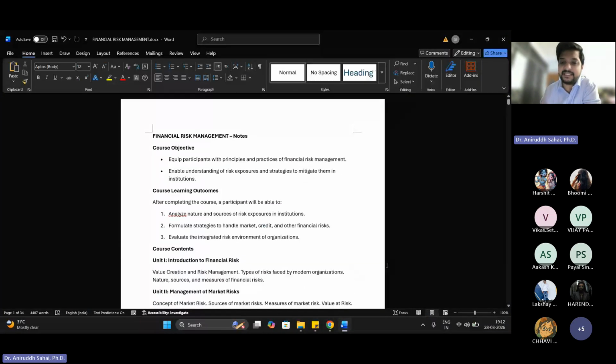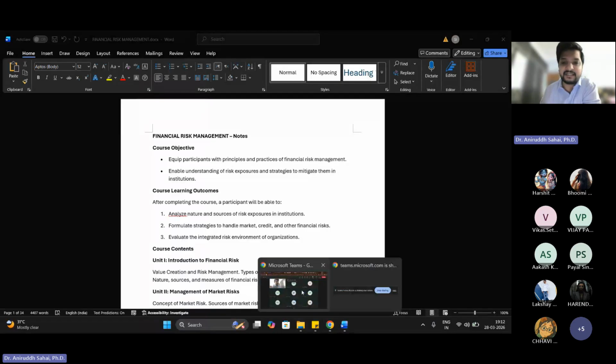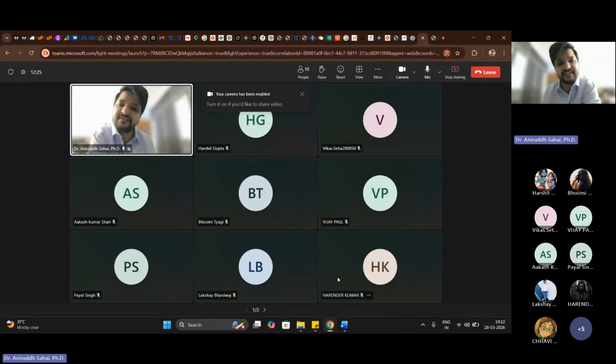And during this entire process, while we are covering different topics, different kinds of risk, I'll try to give you examples where this is applicable from a personal finance standpoint, from your personal investments, if you're investing or trading in stock markets, or investing in fixed income, or maybe you're looking to do your own personal financial planning.